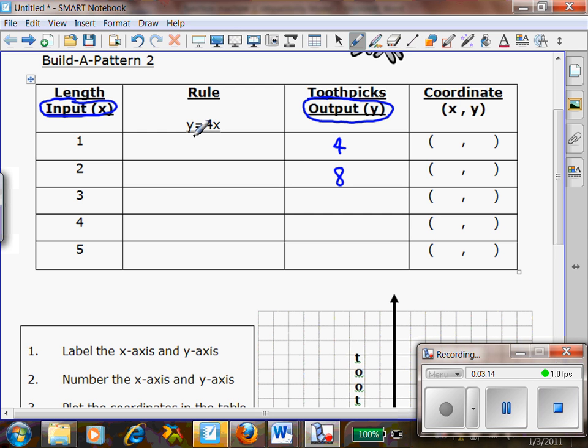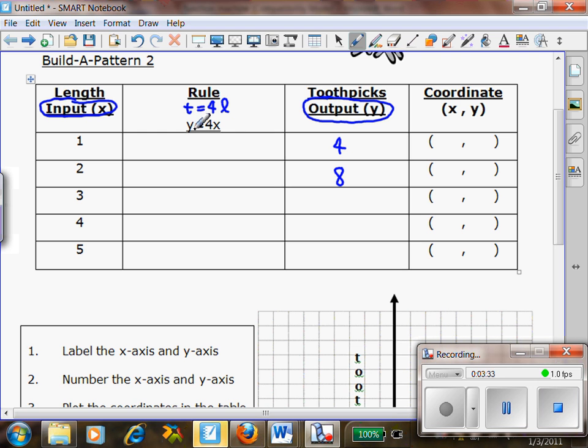So if I take my rule, and you might have said that the number of toothpicks, and T stands for toothpicks, is equal to 4 times the number or the length of the side. So you might have done T equals 4L. Well, that's the same thing.